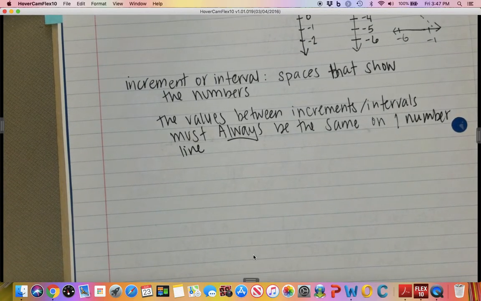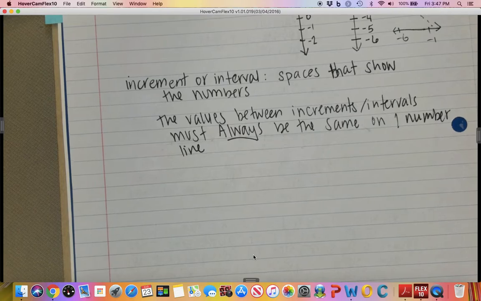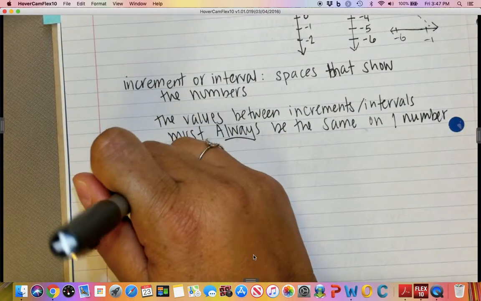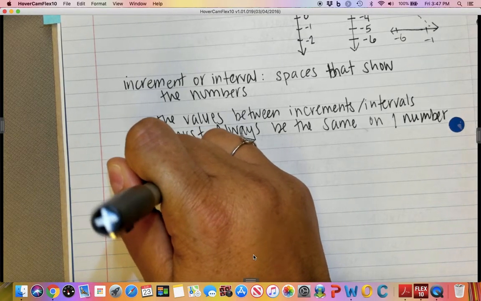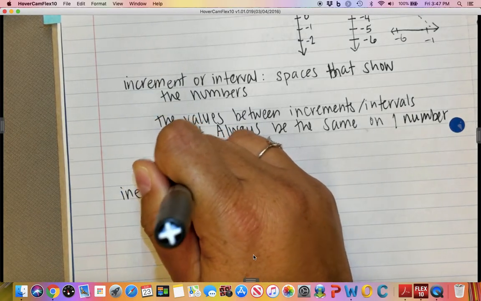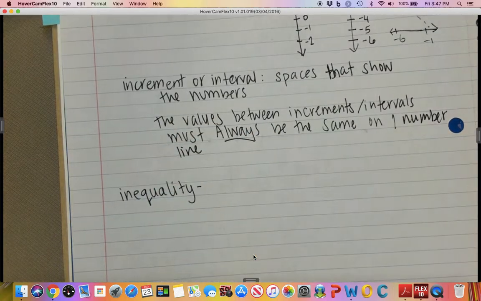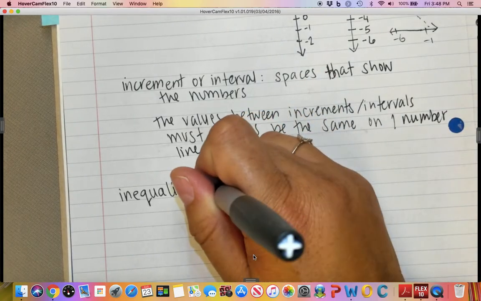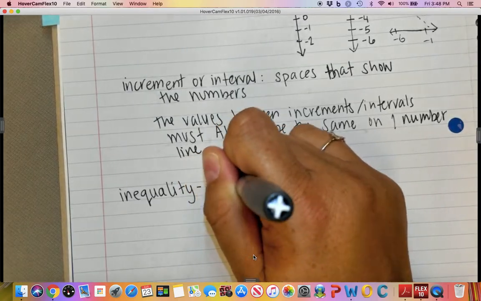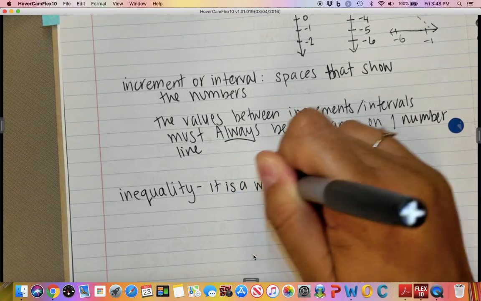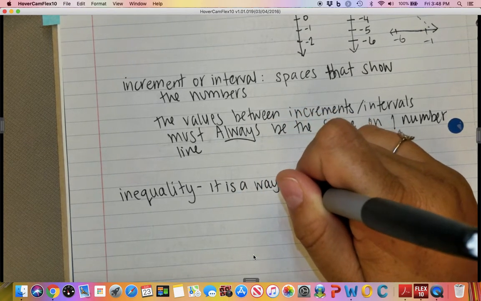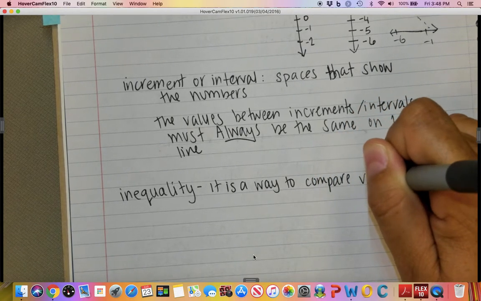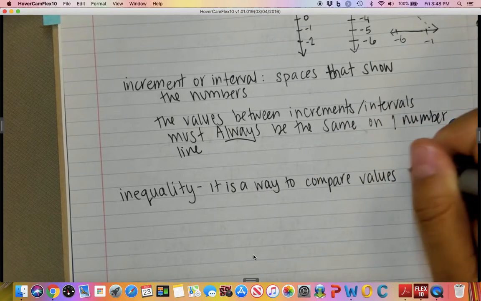The last word that I want you to remember is inequality. We're going to do a lot more with inequalities later this year, but we will do some stuff with inequalities. It is a way to compare values, quantities.